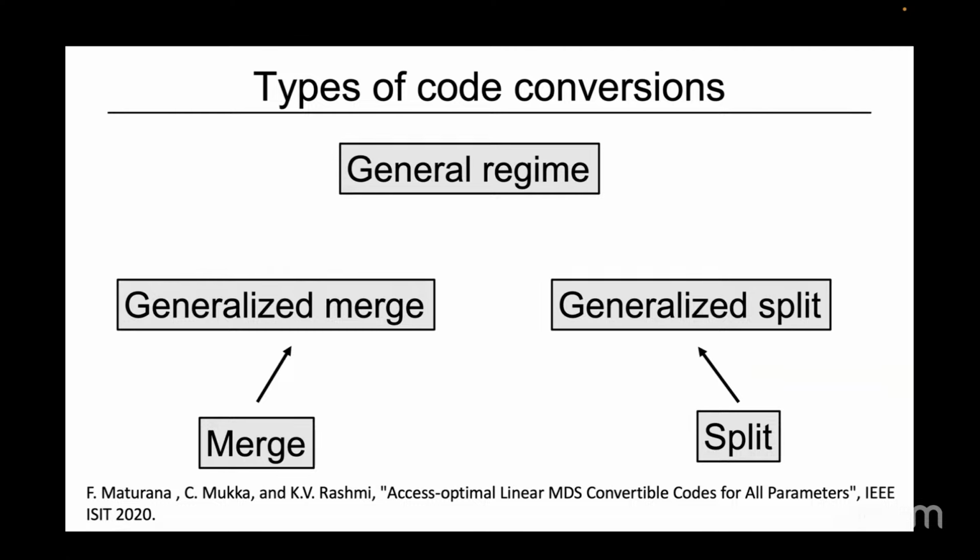And then these generalized merge and generalized split conversions can be put together to achieve the general regime conversions. So in addition to keeping track of access cost and bandwidth cost, we will also keep track of these different types of conversions.